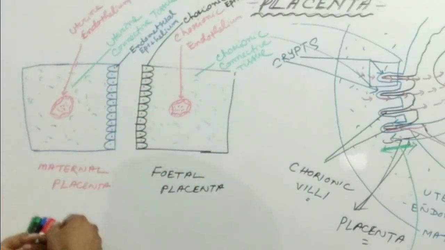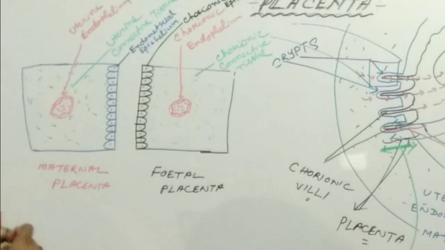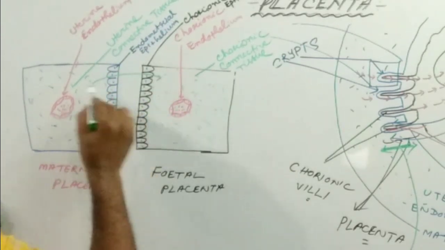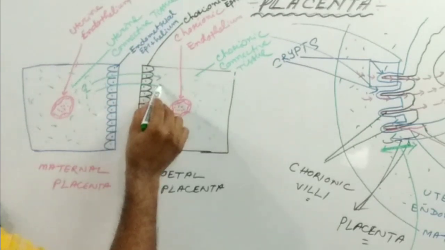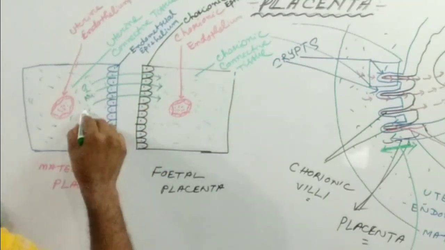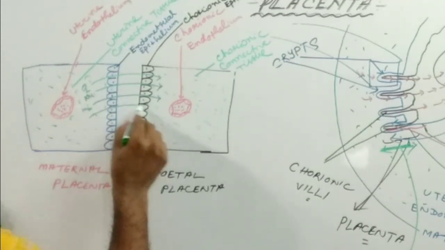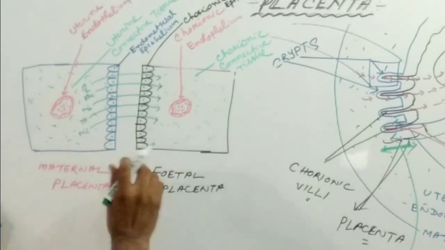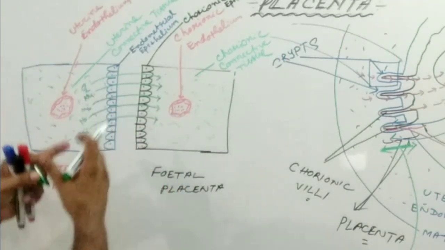That's why there is an exchange of oxygen, nutrients, metabolites, hormones and different minerals, but there is no mixing of blood.